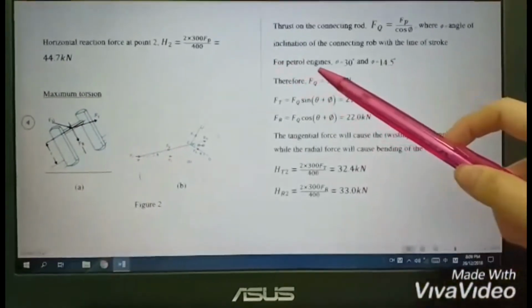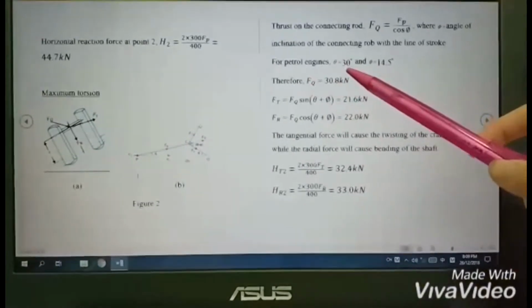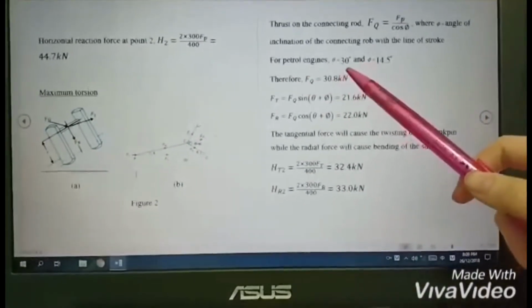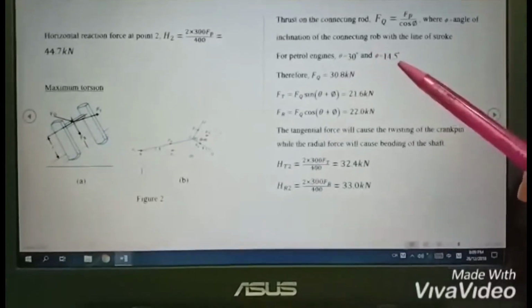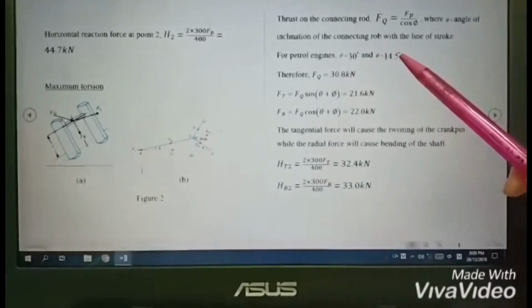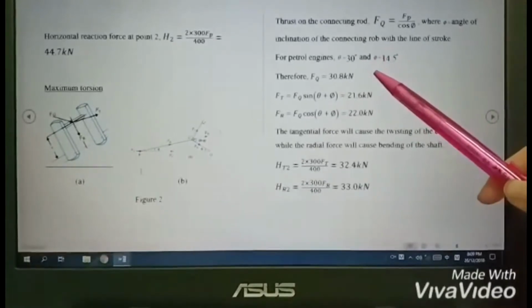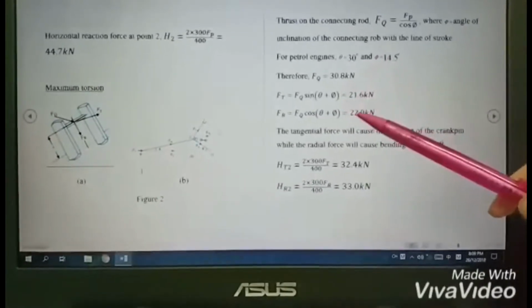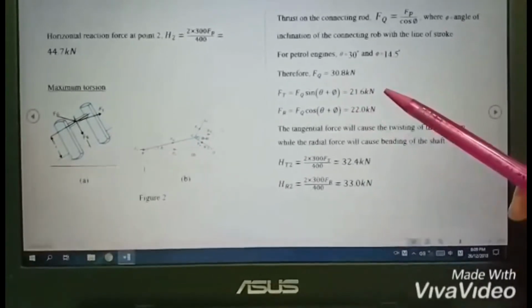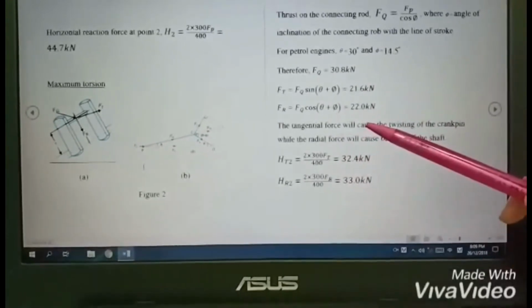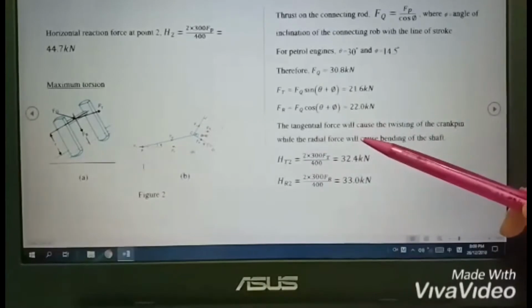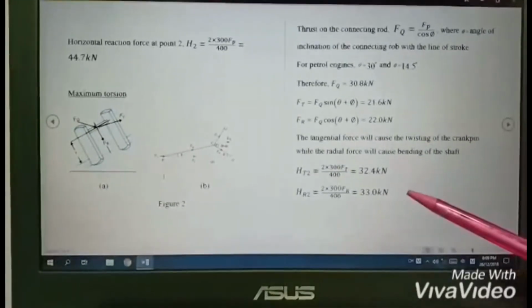For petrol engines, the angle can be determined, which is 30 and 14.5 degrees. We can use this angle to find FQ, FT, and also FR. Thus, we carry on to find the tangential force and also the radial force by this formula.